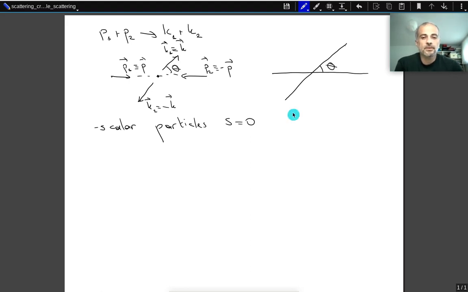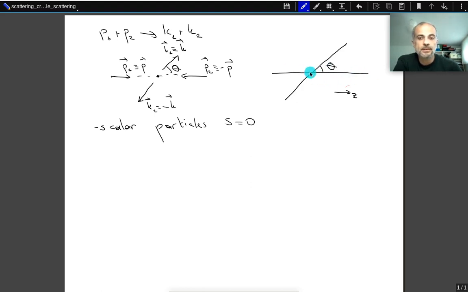Now, if you consider the rotational symmetry, for example, you can rotate our system. Let's just choose this axis to be our z-axis. We can rotate our system around the z-axis and nothing changes. So that basically tells us that nothing can depend on the angle around the z-axis.